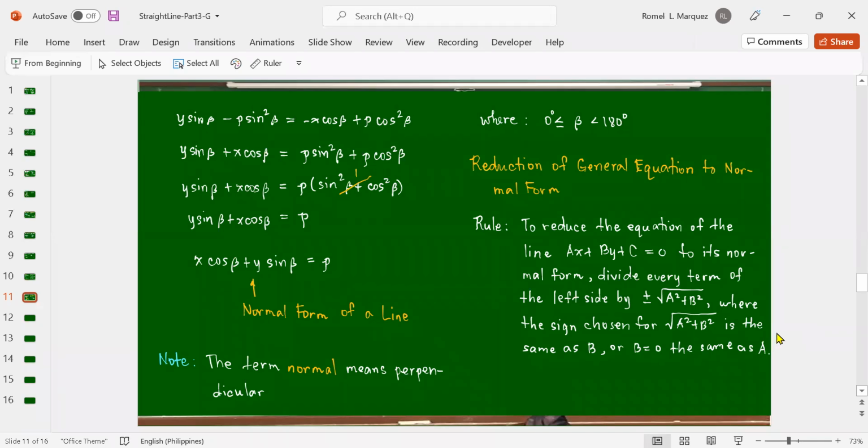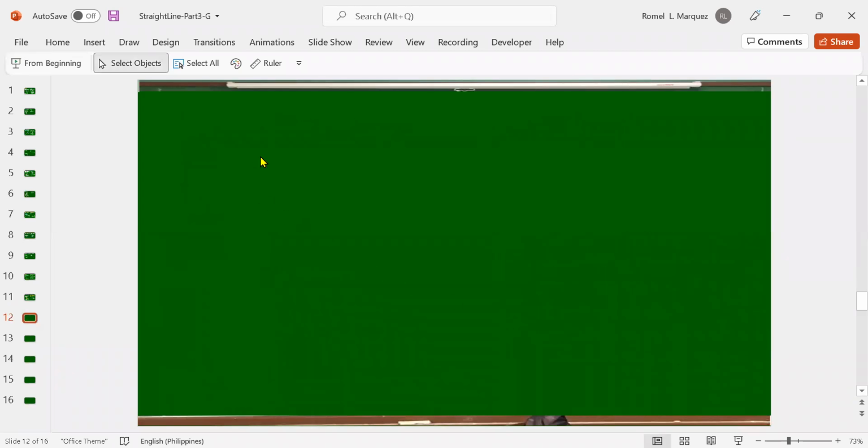Okay? So, if you have the general equation ax plus by plus c equal to 0, its normal form is given by ax over plus or minus square root of a squared plus b squared, x plus b over plus or minus square root of a squared plus b squared, equals this c.